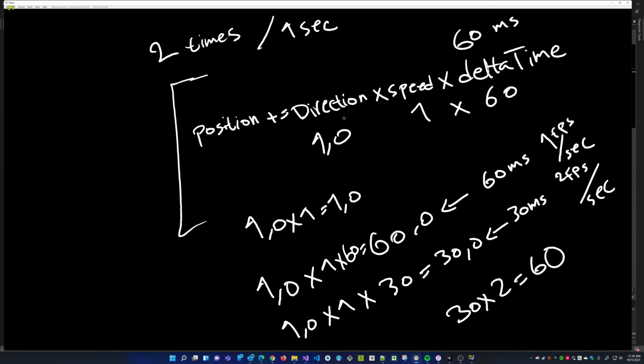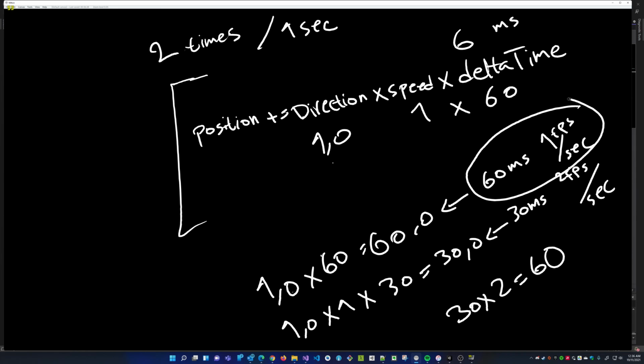So if I have direction multiplied by speed multiplied by delta time, now 60 multiplied by 1 is 60, which means over here I'm multiplying by 60, because speed is 1 and delta time is 60. So 60 multiplied by my direction, I'm now moving 60, 0. And this is happening once per frame. I am moving 60 units per single frame.